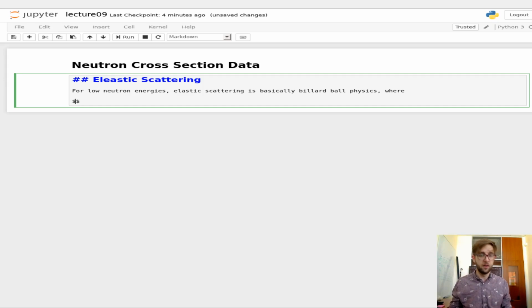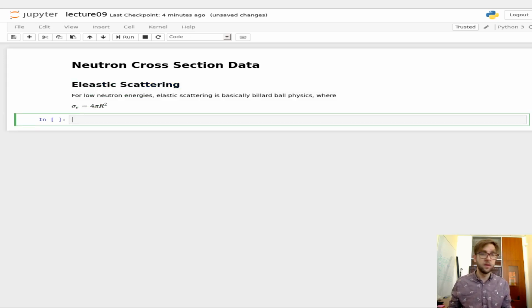And so you can say that the microscopic elastic scattering cross-section sigma sub E is equal to 4 pi r squared, where, as you'll recall, we have an expression that we derived earlier in the course for the radius of a nucleus.